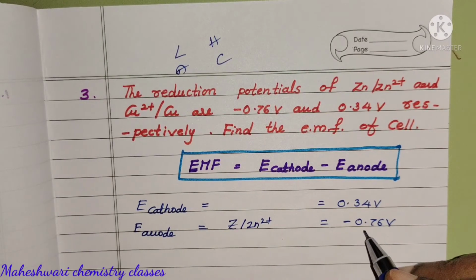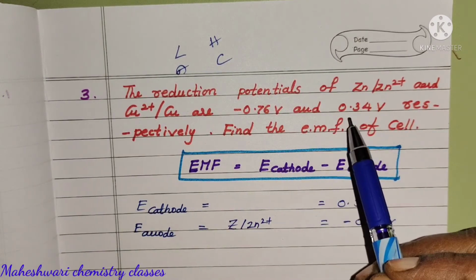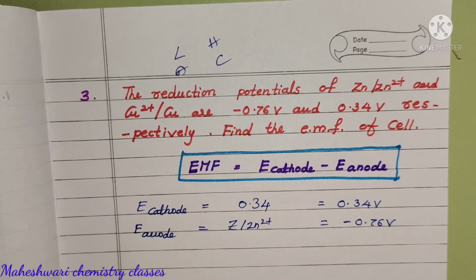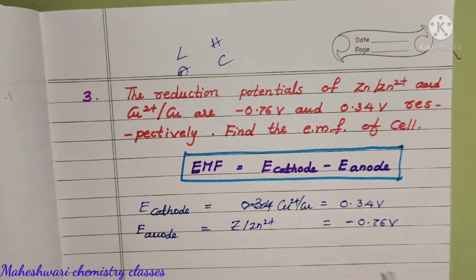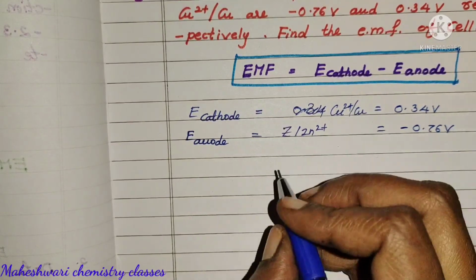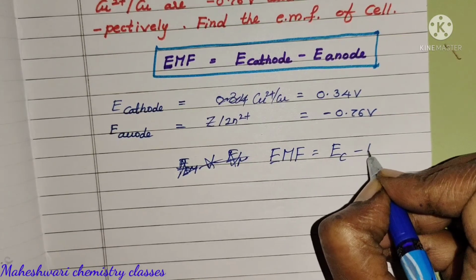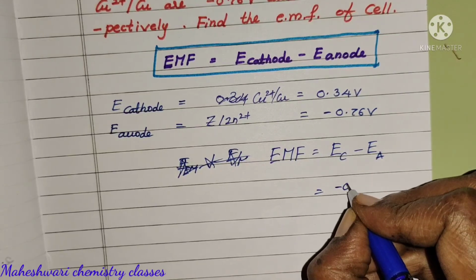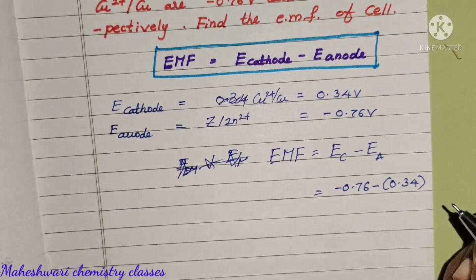So minus 0.76 volts. Next, copper is 0.34 volts. We have to find out like this. Now substitute in the formula. EMF of cell equals E cathode minus E anode. E anode is minus 0.76, so 0.34 minus minus 0.76 volts, right?